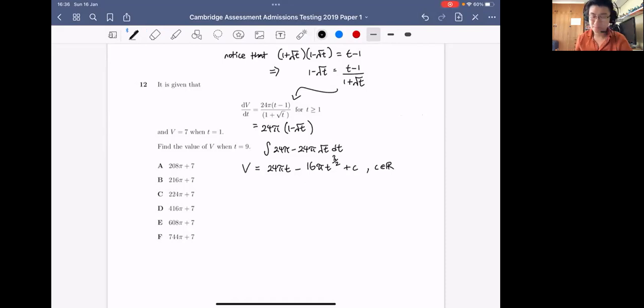That's v. And then, oh okay, so this information helps you find what c is. So now 7 is equal to 24 minus 16 pi plus c. So that c is 7 minus 8 pi.